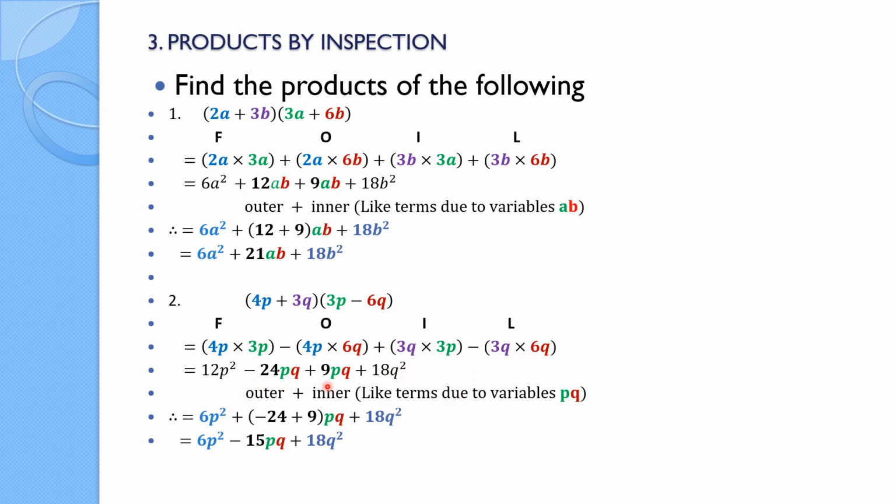Again, I assume you can see I have like terms there, so minus 24 plus 9 for my like terms, which then would give me minus 15pq plus 18q squared, right? So hope you follow, hope you understand, right? This here we would test, and it becomes a very common problem in exam.